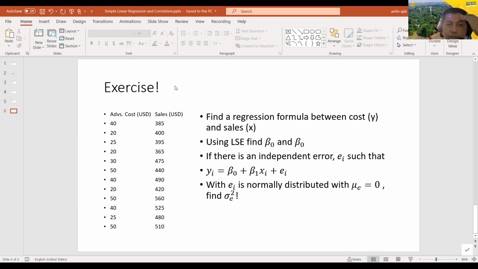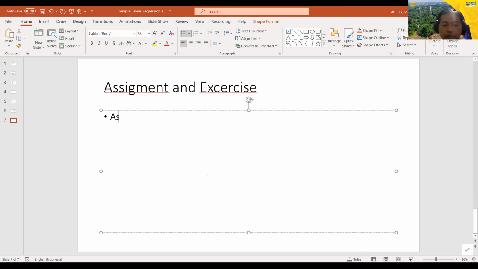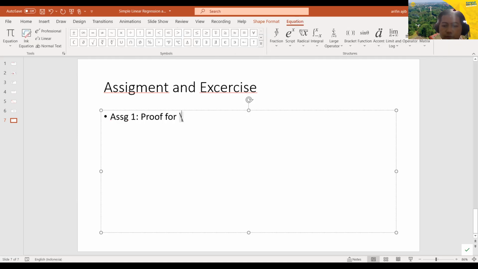Okay, that's my exercise for today. Please conduct it by yourself. So, if we summarize the assignment and exercise: the first assignment is proof for beta 0.